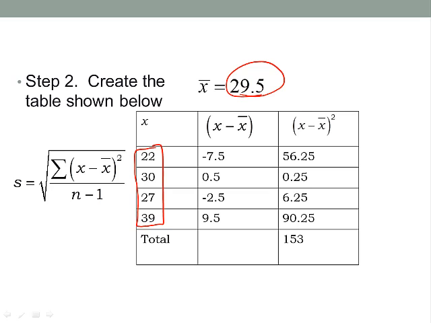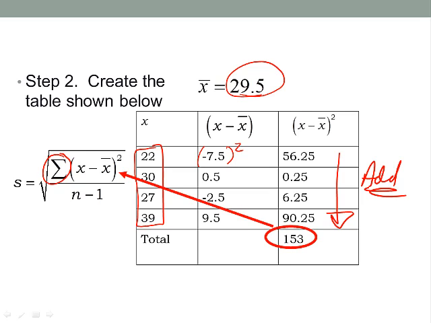So we square it, and when you put it in the calculator, you've got to make sure you put the entire value squared. You've got to use parentheses. Now doing the little sigma, the sum part, I just add those up and get 153. So 153 goes in the numerator.